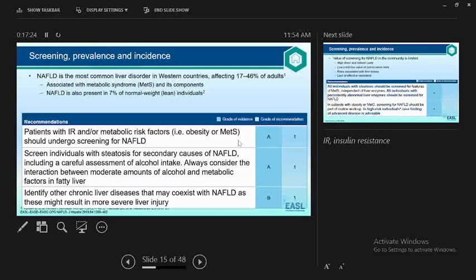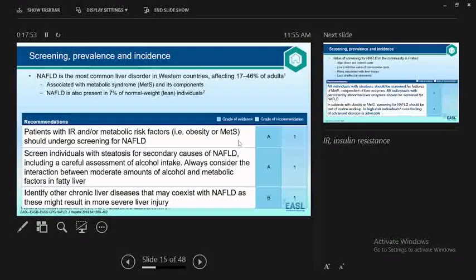The other thing is whether we have any effective therapeutic strategies to overcome the problem. Still, it's doubtful. However, patients with insulin resistance or metabolic syndrome like obesity should undergo screening for NAFLD. And you have to screen individuals with steatosis for secondary causes of NAFLD as well.